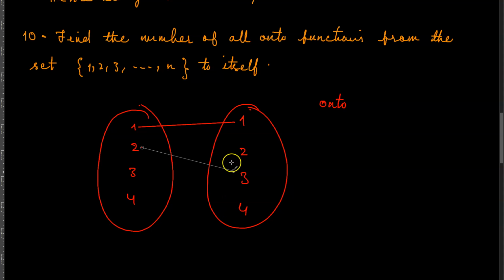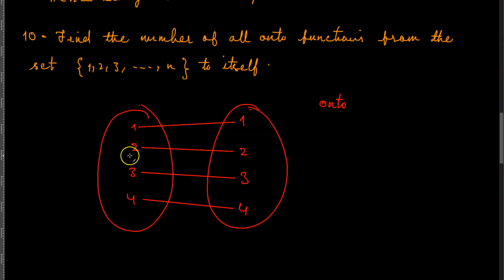I can map it to 2, 3, or 4. So let's say that I map it to 2. Then, when I want to map 3 to something, I have 2 choices available, meaning that I can map it to 3, or I can map it to 4. And then when I have 4, I have only 1 choice available, which is only 4, right?